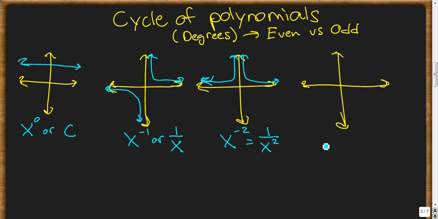And then we go to x to the negative 3, which is 1 over x cubed. That is going to look very similar to the other ones, a little more tight at times, but overall, this is the way that the graphs are going to look. So generally understanding what you can expect from the graph can really help us understand it over time.